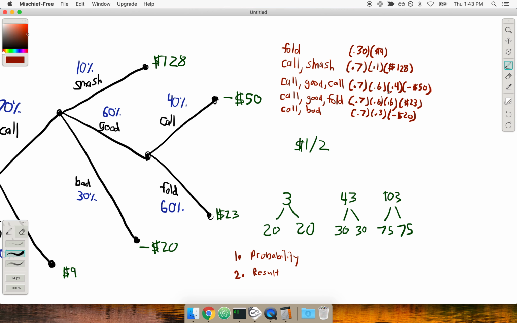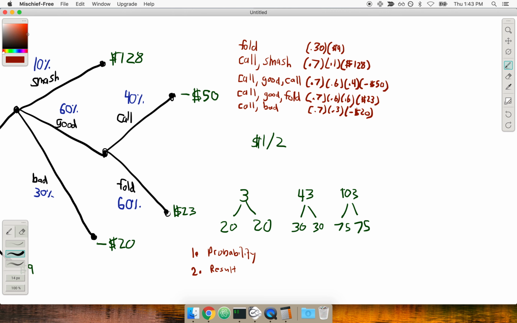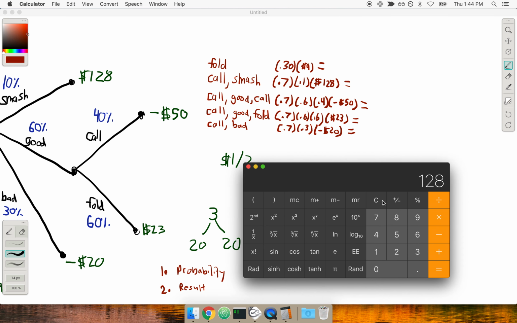Okay, so now to continue this math step, I'm not going to write it down. We're going to calculate each of these, and then we're going to add them all up. So let's get out the calculator. For the first one, 0.3 times 9, that's 2.7.